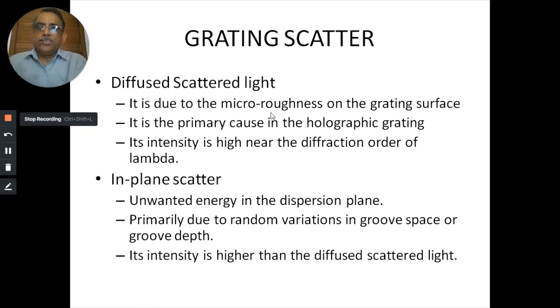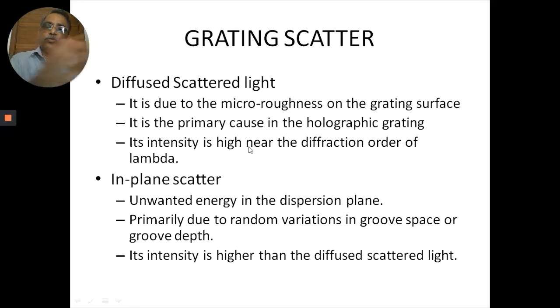It's also the primary cause in the holographic grating. Diffuse scattering is the basic problem that you will see in the holographic grating, and its intensity is higher near the diffraction order of lambda. This is very important. So you have to be careful when you're handling the gratings.